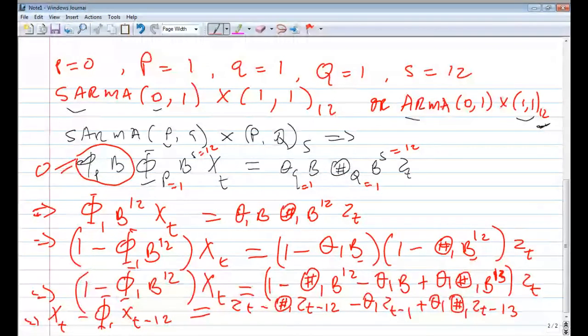Sir, can you please explain that line again when you were doing the backshift operator? I don't understand it very well. It's the third step from the bottom.